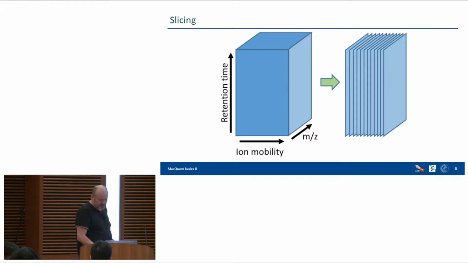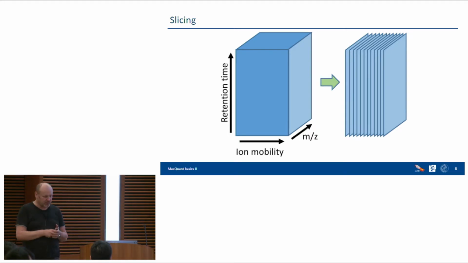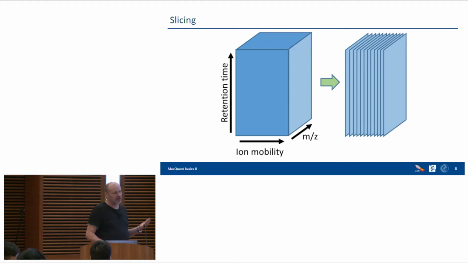And why do we do this? Because basically we have reduced an existing problem to an already solved problem, because these slices are exactly what the conventional MaxQuant sees and where it does the peak detection, right? So then we do peak detection in all of these slices, and that's of course highly parallelizable.